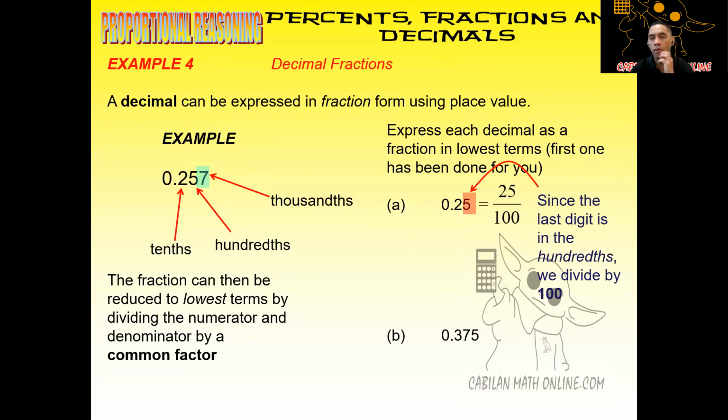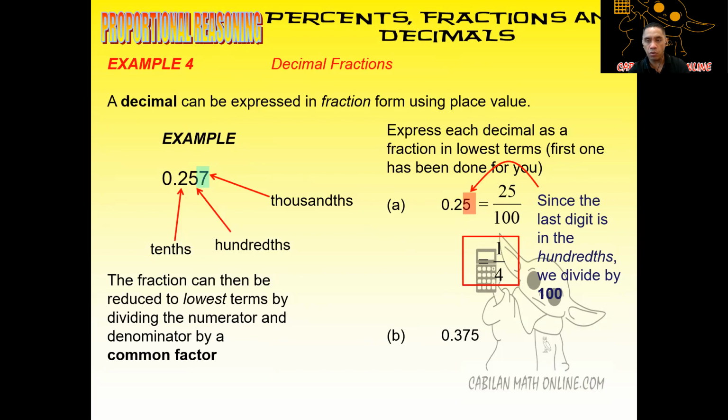Okay. Now, in lowest terms there, whether you find a common factor or simply just use your fraction key, that becomes 1 over 4. All right. So you always take a look at the last digit, determine what place value it is. Okay, and then you take that number as a whole number, and you put it over whatever the place value is.